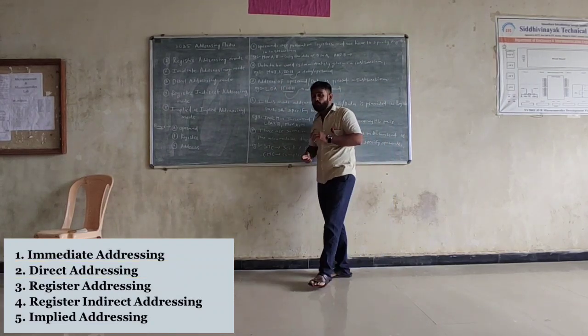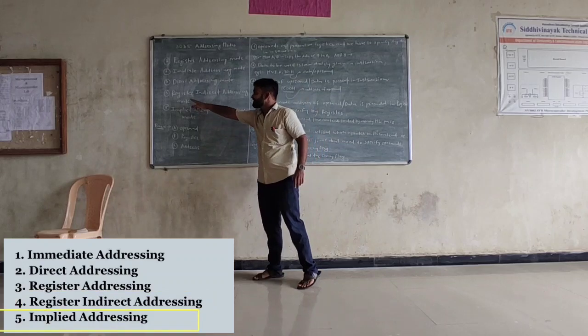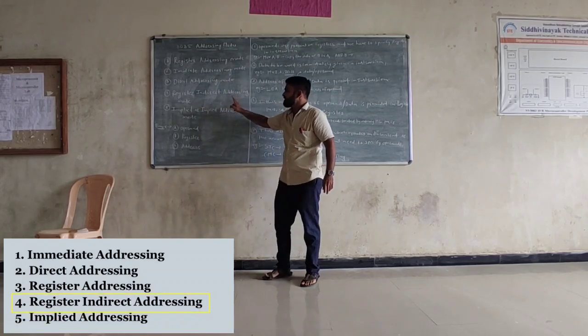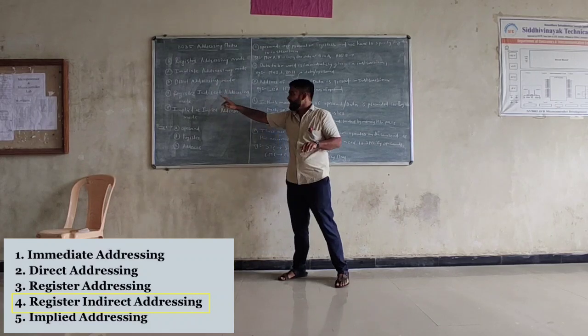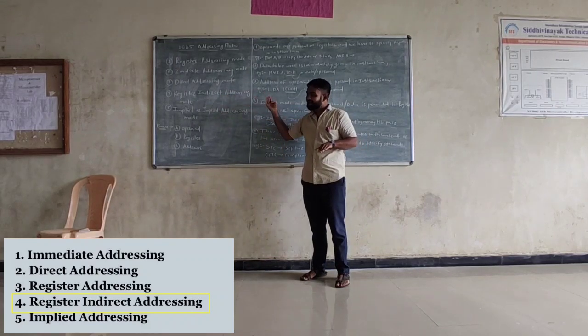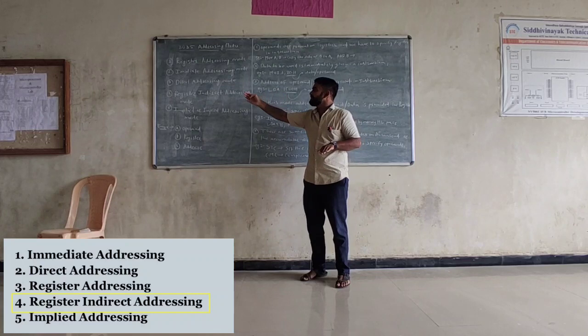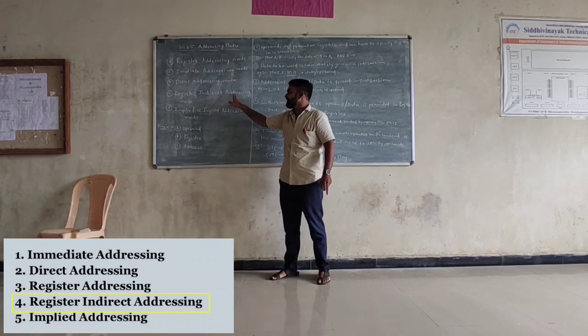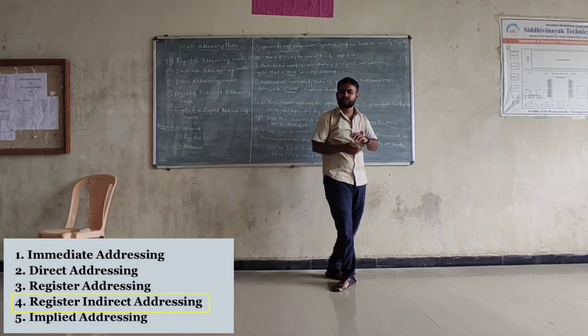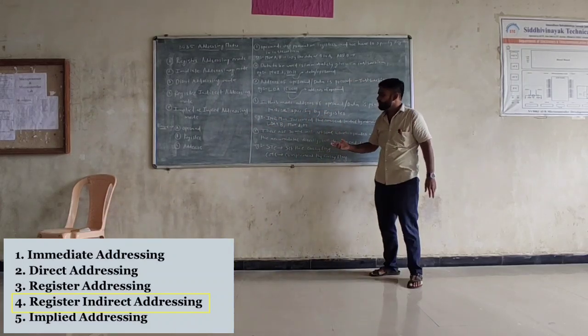Now, a very important addressing mode is there, register indirect addressing mode. There are two types of indirect addressing mode, that is register indirect addressing mode and immediate indirect addressing mode. Here we are going to understand register indirect addressing mode. What is the meaning of register indirect addressing mode?